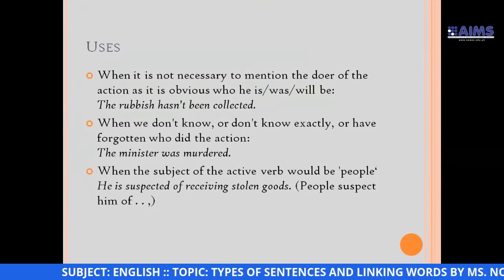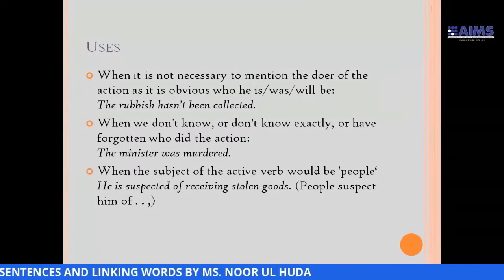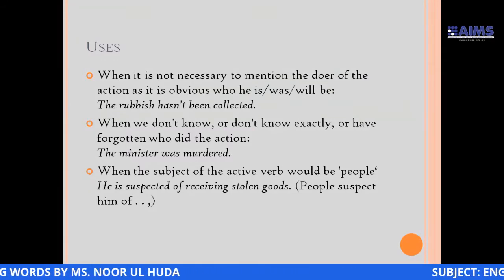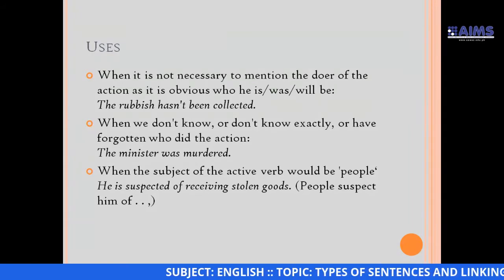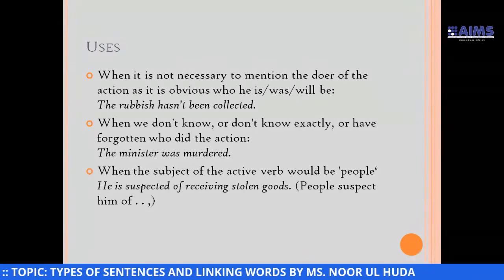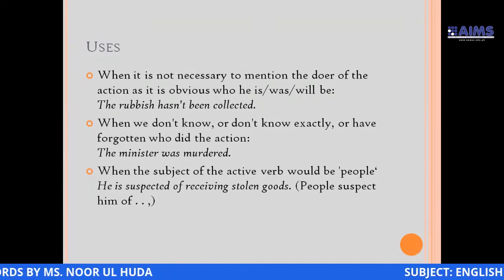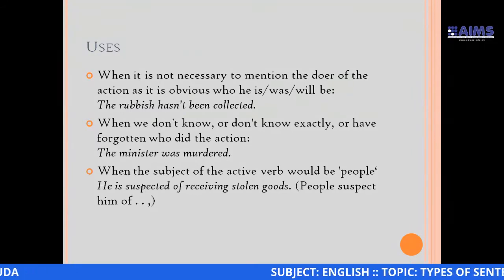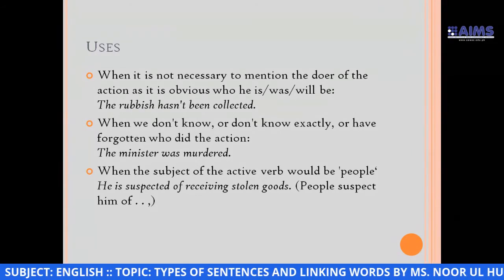So obviously there's an unknown doer of the action, so we are not supposed to mention it, and we are bound to use the passive structure here. If we wanted to use the active structure here, we could not, because the active structure always requires a subject, and we don't know the subject who is the doer of the action.